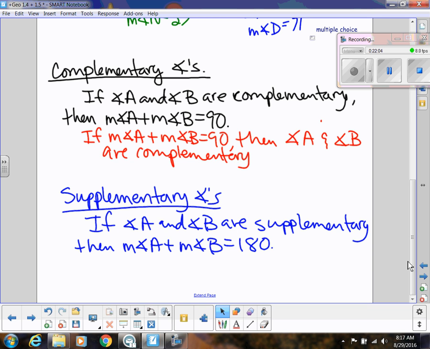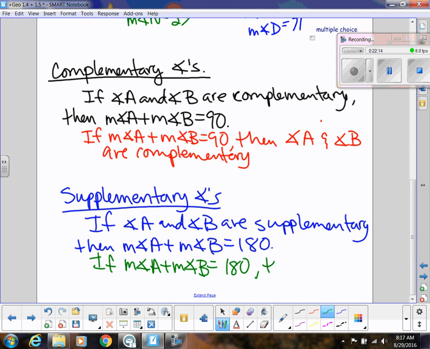Vice versa, if the measure of angle A plus the measure of angle B equals 180, then angle A and angle B are supplementary.